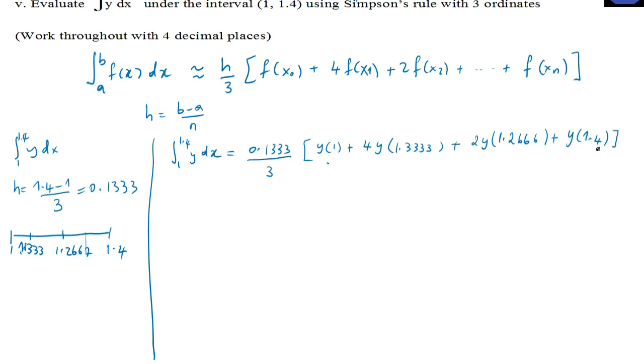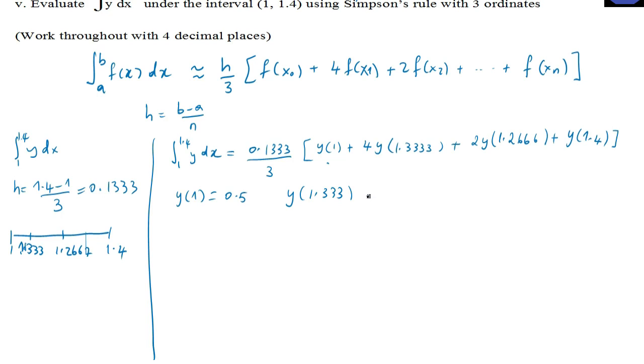So basically we have to calculate all these coefficients. y at 1 we already know, this is going to be 0.5. For y at 1.333, for the sake of time, I've calculated this, so it's just obtained by substituting. You will do this on your own when you have time.